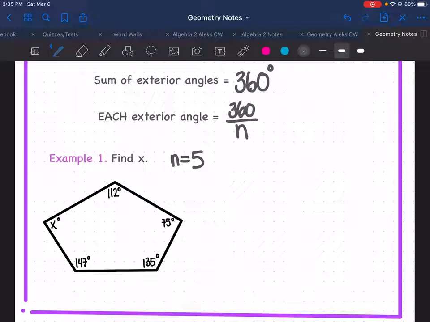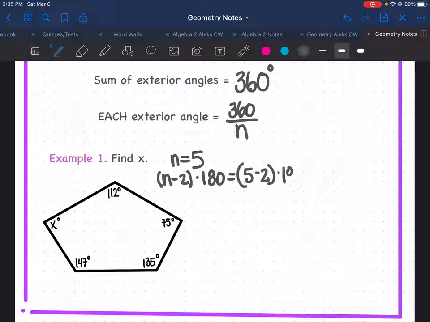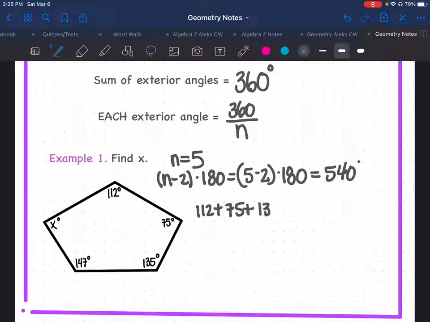All right, now I'm going to plug it into the formula n minus 2 times 180. So 5 minus 2 times 180, or I could do 3 times 180. Either way, I get 540 degrees. If I were to add up all the angles in this polygon, plus 147 plus x, they would have to equal 540 degrees.